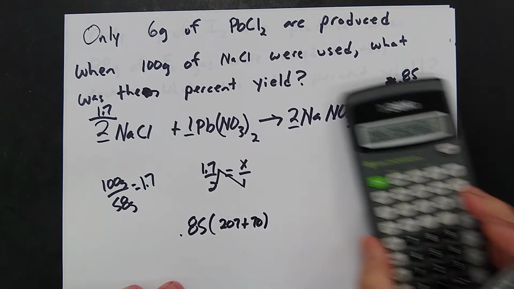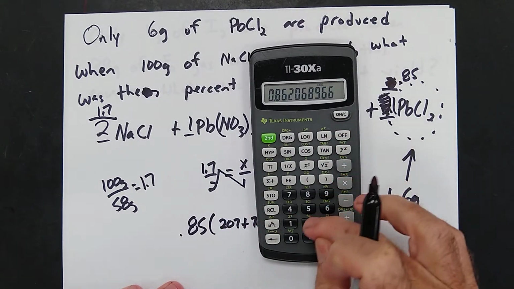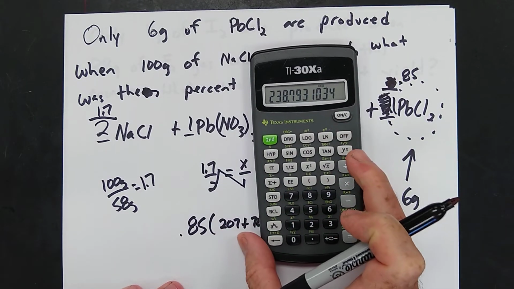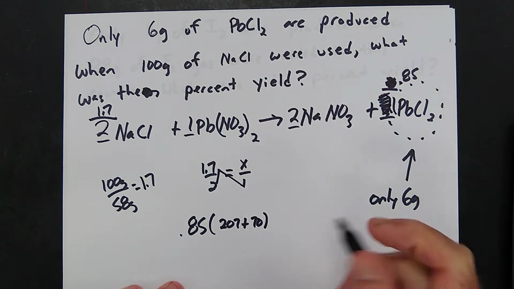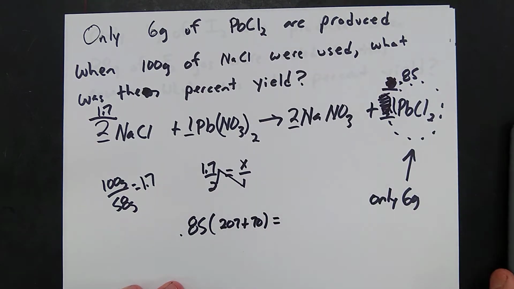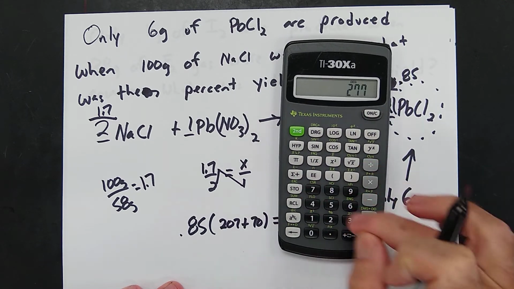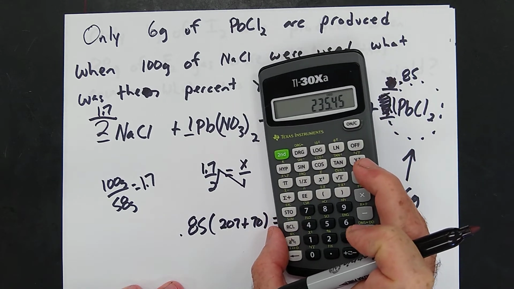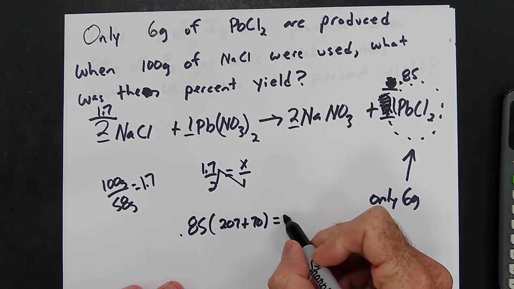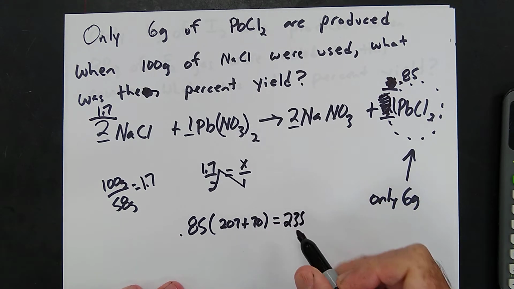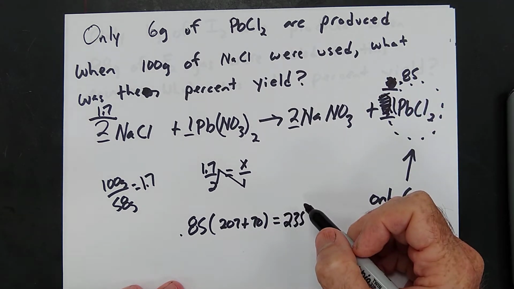So 0.85 times 277. I got about 238. If you use 0.85, 0.85 times 277, see, I rounded it off a little bit, 235. So we'll call it 235, somewhere from 235 to 238, okay?